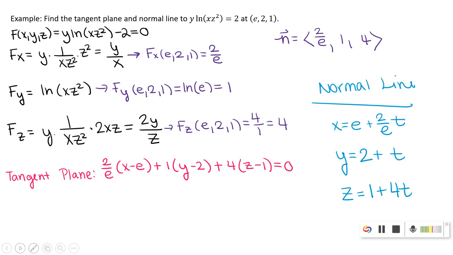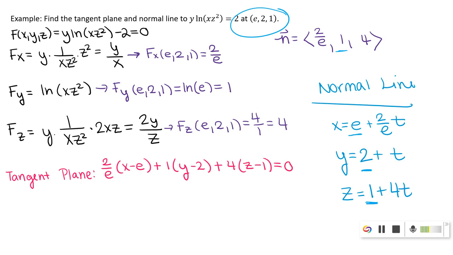And so that means the equations of our normal line, written in parametric form, would be, if we start at that point of tangency, e, 2, and 1, it would be e plus 2 over e t, that's the x, and then y would be 2 plus 1t, and z would be 1 plus 4t.